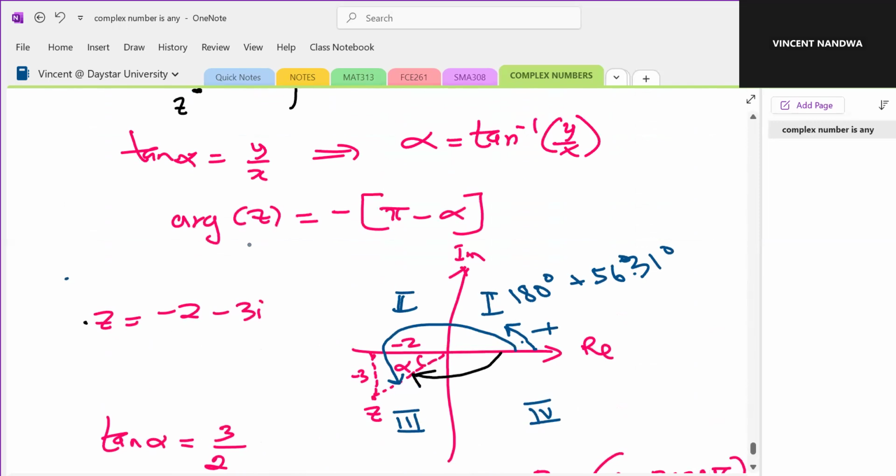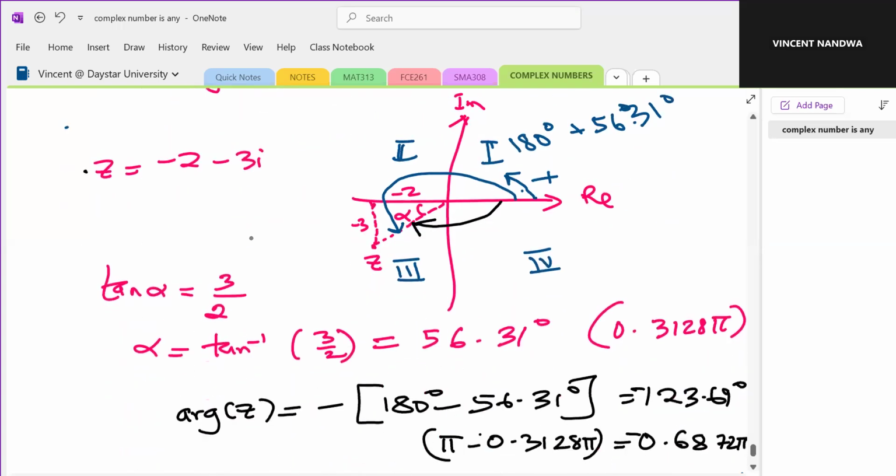You need to reverse the direction so that the angle you get will be less than 180, but in the negative direction. So once you have the value of alpha using the tan inverse of y over x, we simply negate the value after subtracting from 180, so that now we have the size of this angle here.